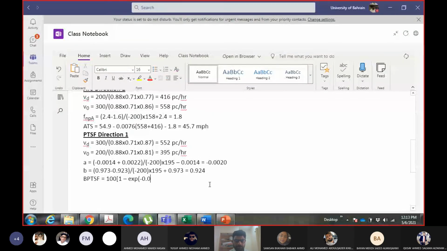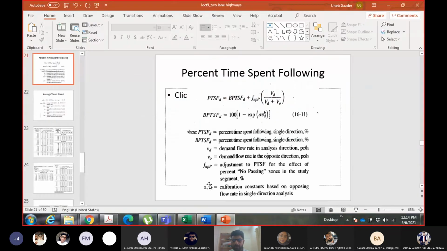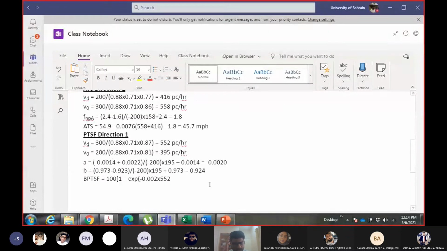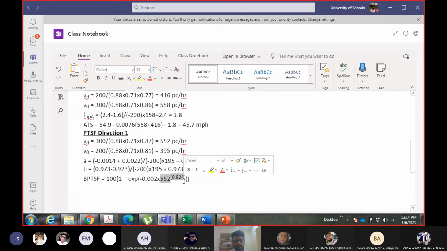A is minus 0.002 into VD, which is 552, to the power B, which is 0.924. Okay, so 552 has the power of this, and then this whole thing is the power of exponent, and then you do 1 minus that into 100. How much?